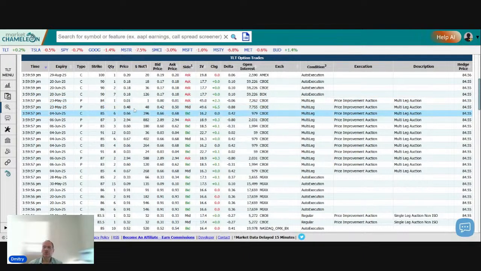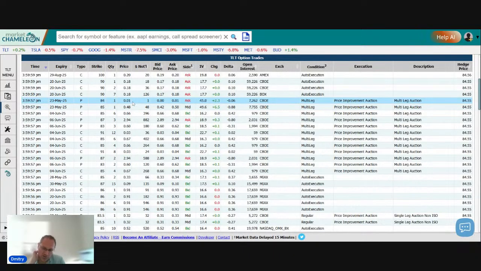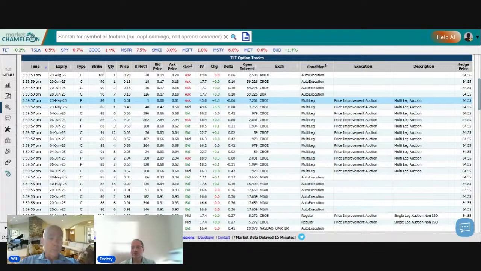It's tied to another option. So it's some kind of a spread or complex order. You could analyze that from a different angle and different perspective. So I'm going to stop there as we went over all these data elements on the table.